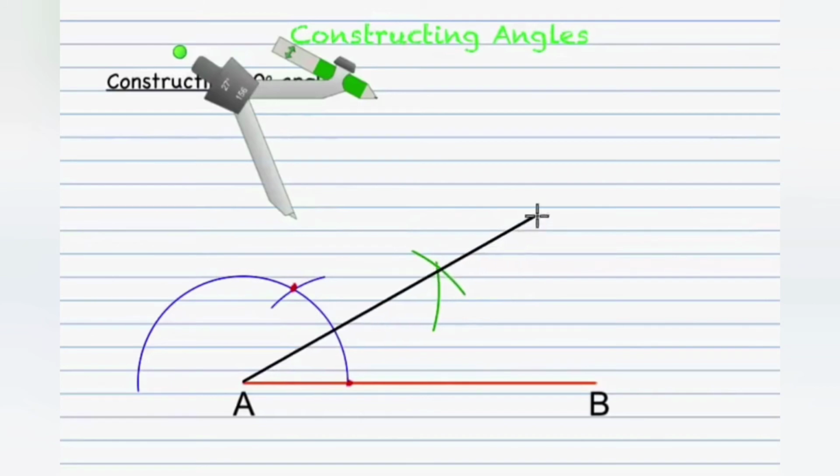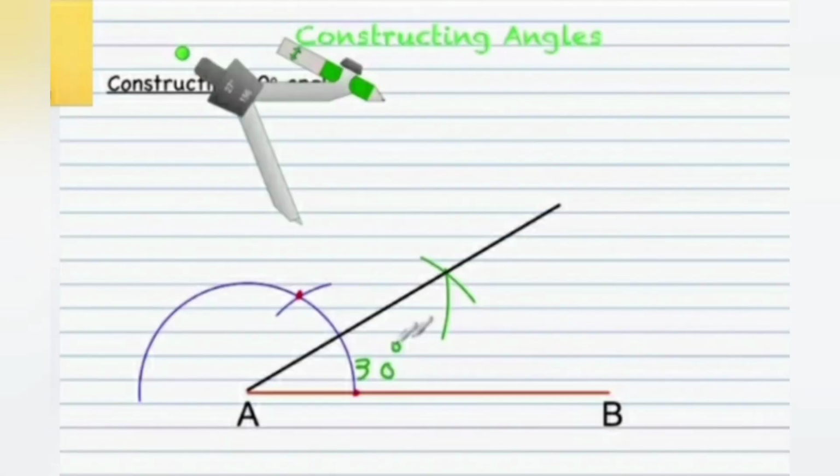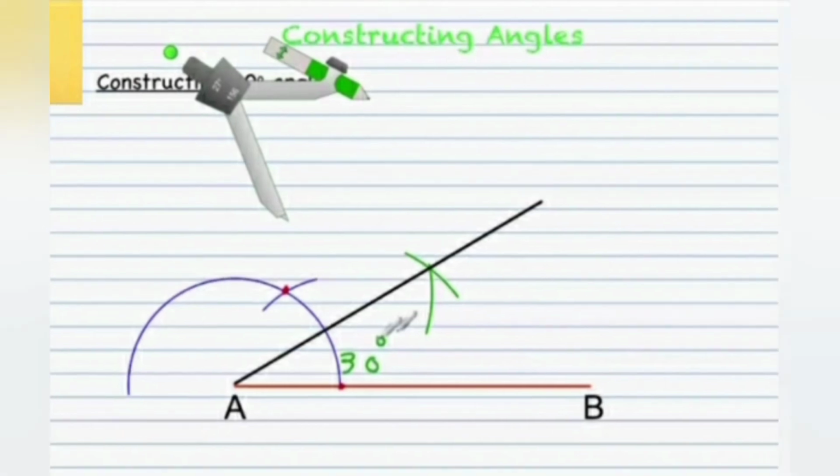Now if you draw a straight line from point A through the middle, you would have created angle 30 degrees. Now before we move on to construct angle 90 degrees, I want you to pause, replay and construct angle 30 degrees yourself.